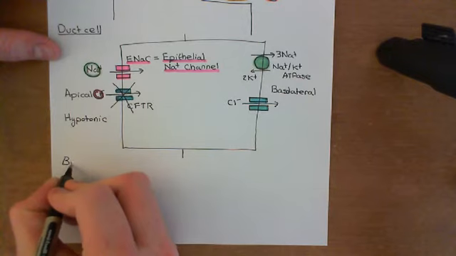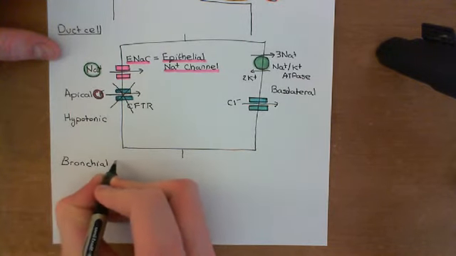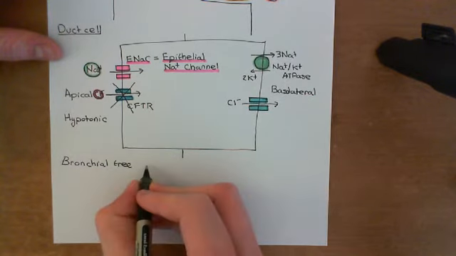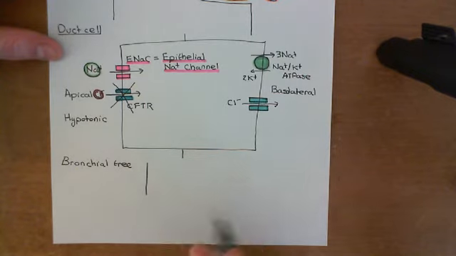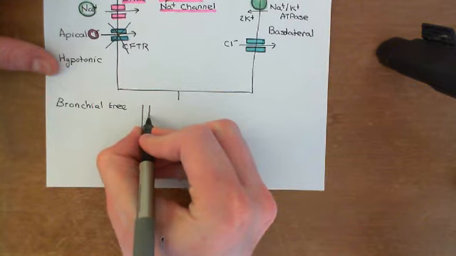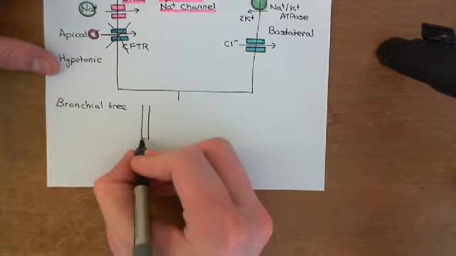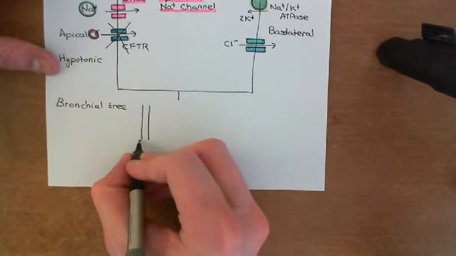So what I'm going to start off with then is the bronchial tree, just some basic anatomy. Let me firstly draw the trachea there. There we go. So this is representing the trachea, also known as the windpipe. Now as the trachea comes down, it splits into two separate branches.